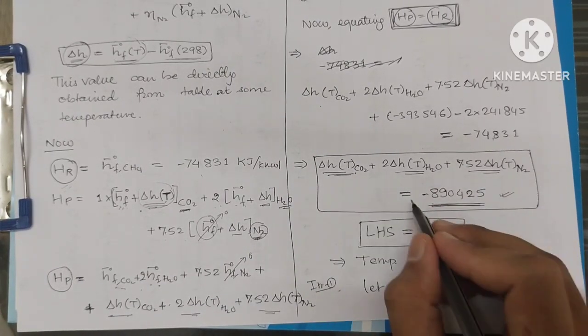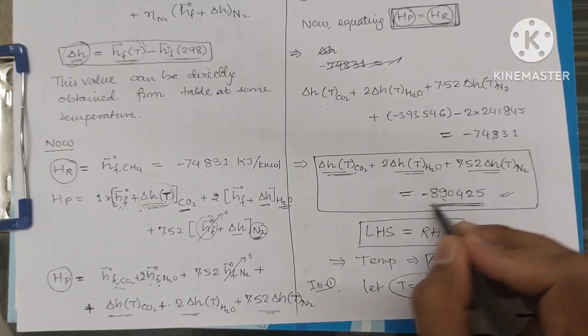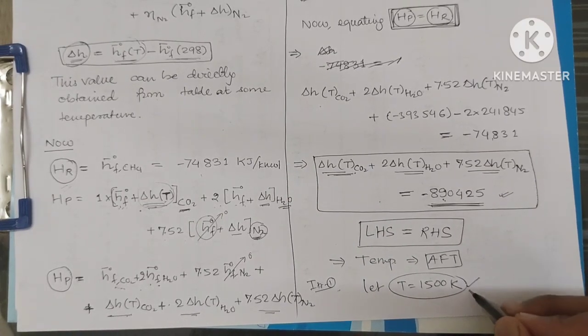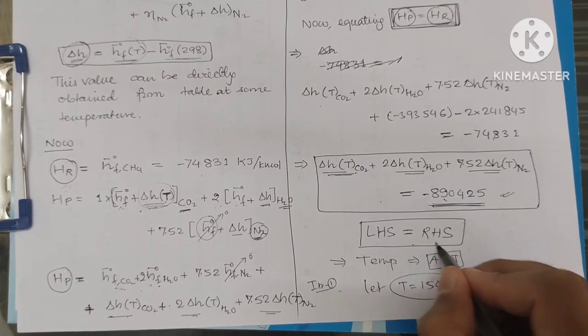We will sum these up and see what the value of LHS is. If it is lesser than the RHS, then we will increase the temperature further, until we get LHS equal to RHS.